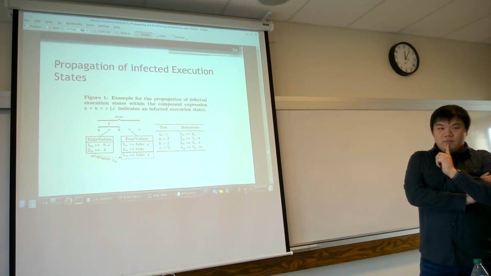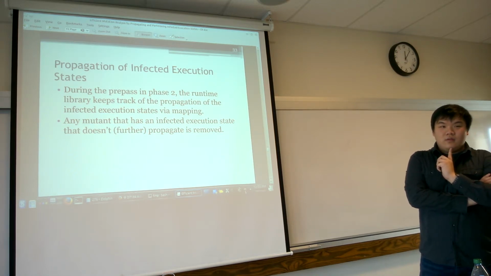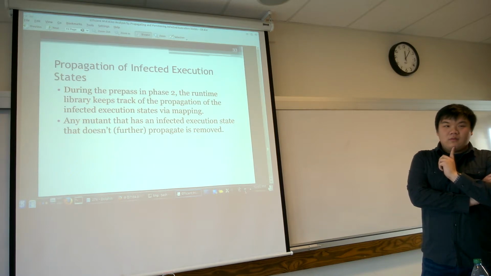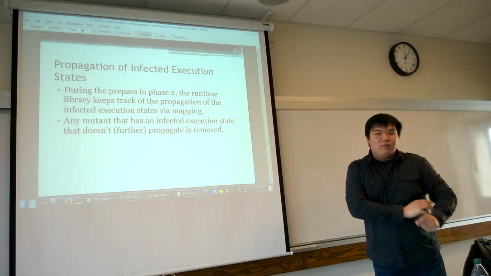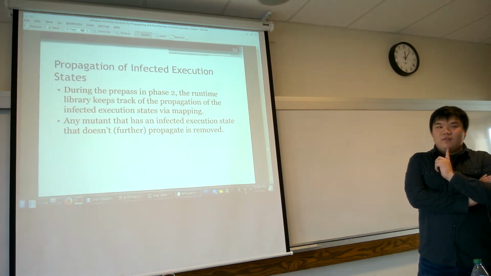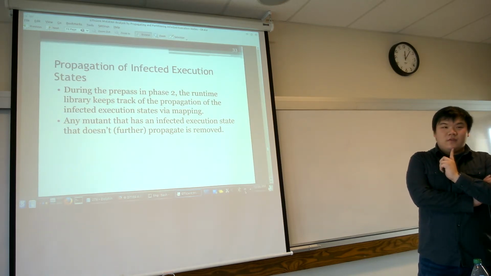So can you go back one slide? Okay, yeah. So when we see any mutant that has an infected execution state that doesn't further propagate, it's removed. That's what I think I got. They say it's removed from the mapping. What mapping are they referring to? First one?